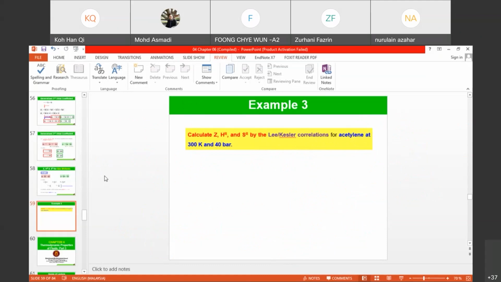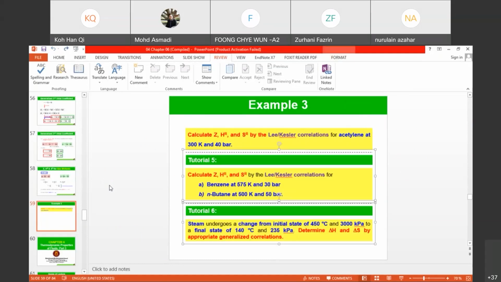Just similarly like Z equal to Z naught plus omega Z prime. 255 kilopascal.